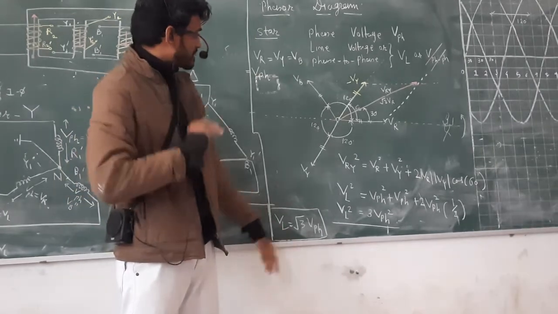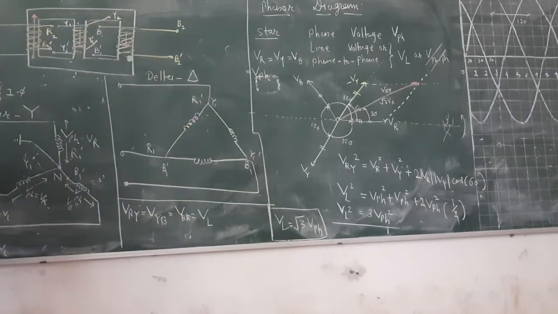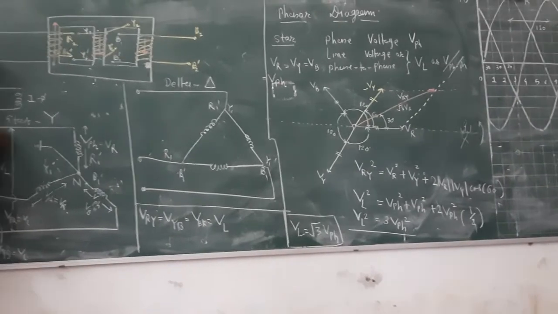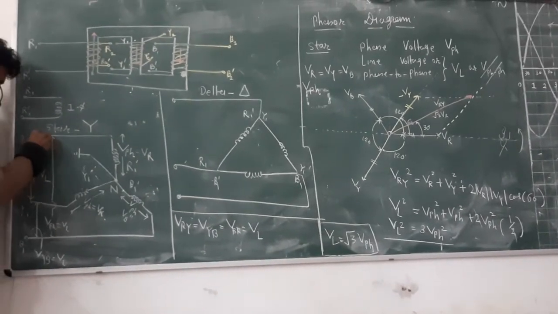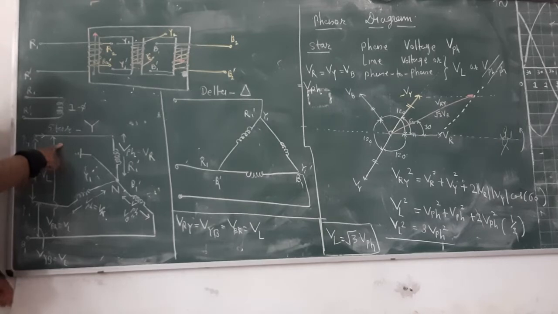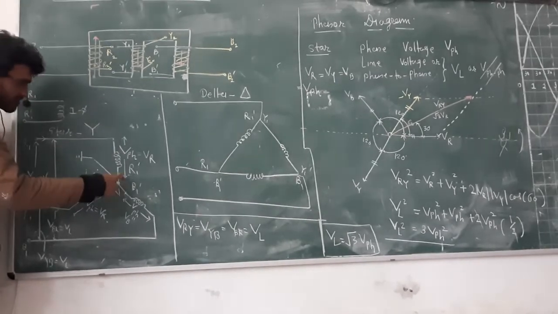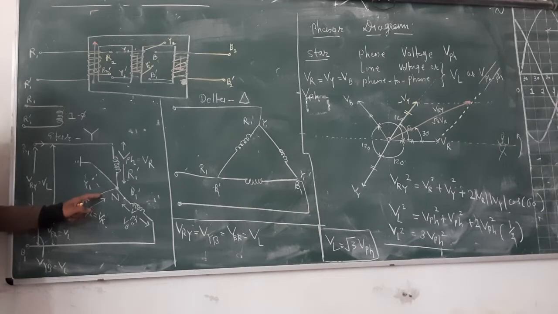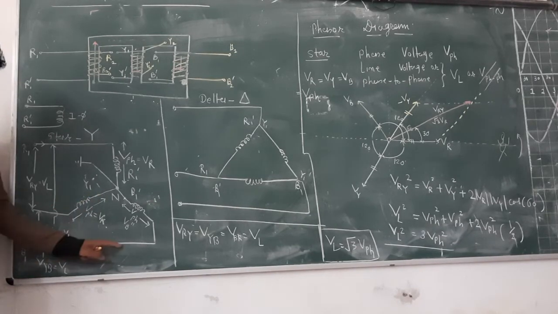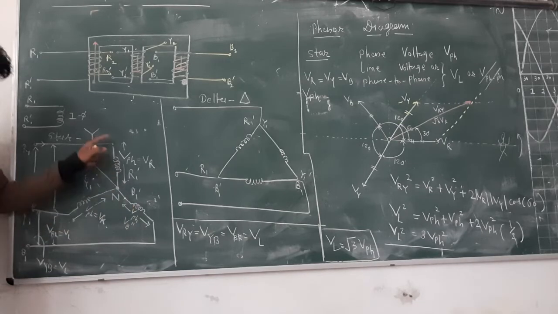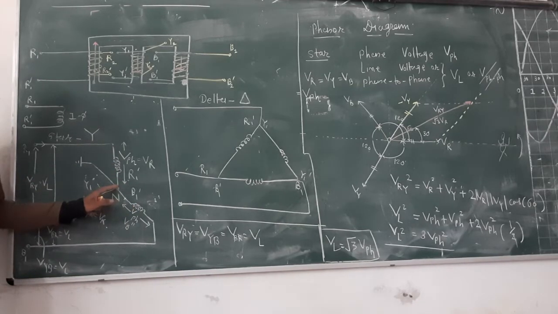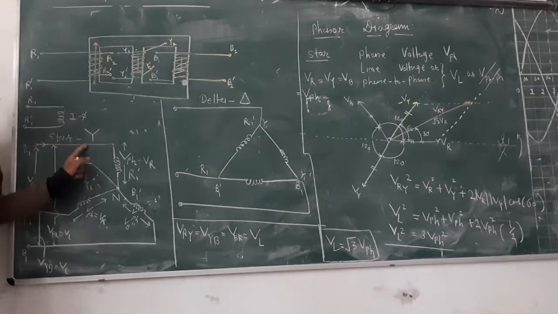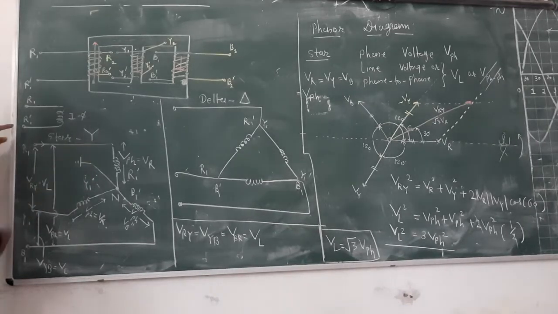And yes, before that, one more thing: the current going in this line here, the same current that is going into the line also goes into the phase. So phase current IR and the line current are the same.